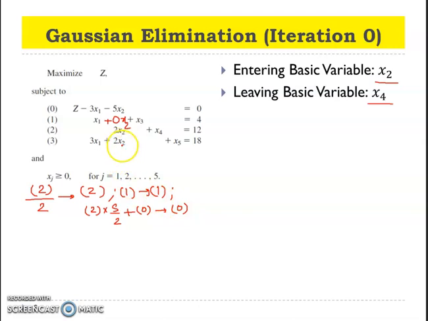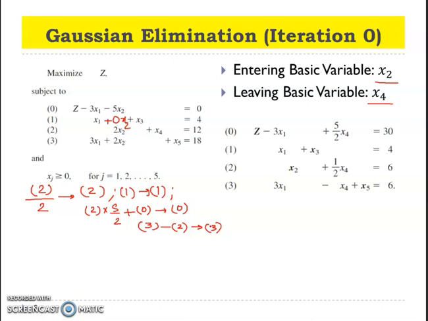And here also we need 0, so what we have to do is take this equation number 3 and subtract equation number 2, and then we will have a new equation number 3.